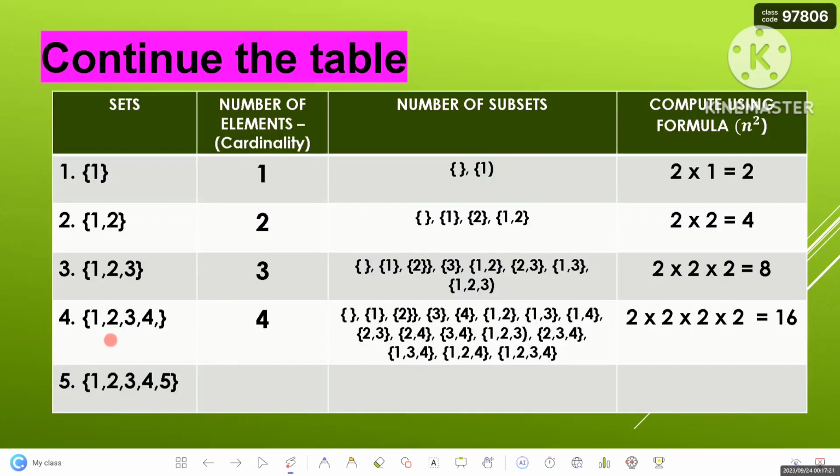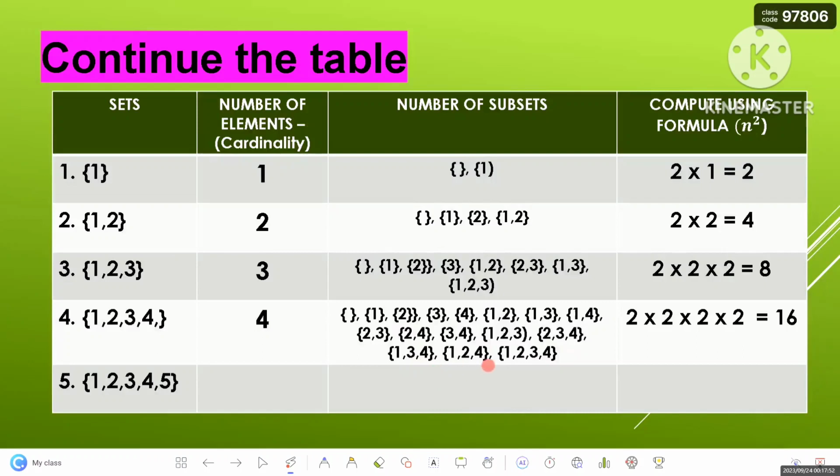Number 4. Set 1, 2, 3, and 4. Ilang elements mayroon tayo? We have 4 elements. Since 4 ito, start tayo sa empty set. Single, 1, 2, 3, and 4. Double, 1, 2, 1, 3, 1, 4, 2, 3, 2, 4, 3, 4. And triple naman. 1, 2, 3, isa lang yan. 2, 3, 4, isa lang yan. 1, 3, 4, isa lang yan.